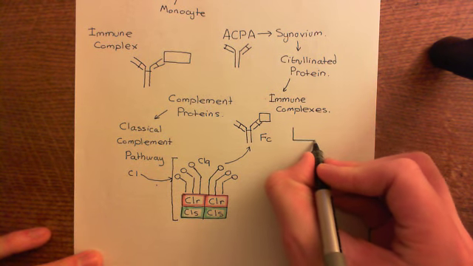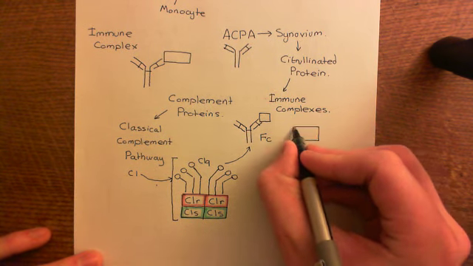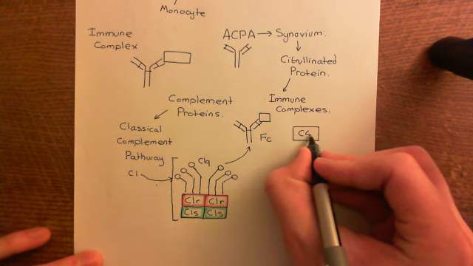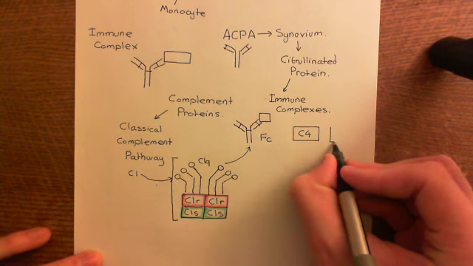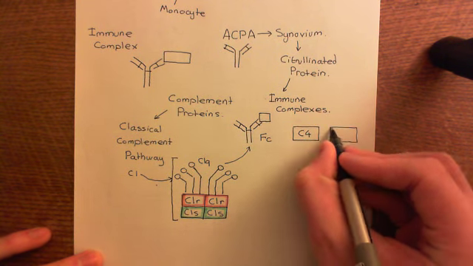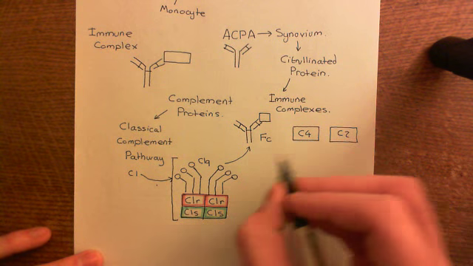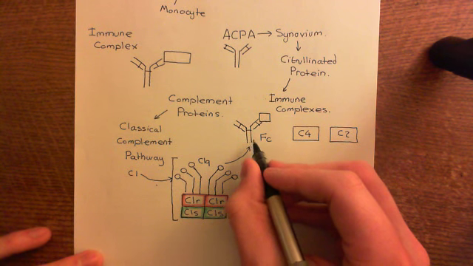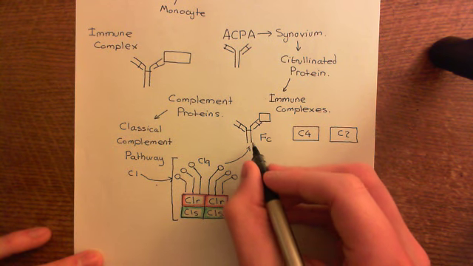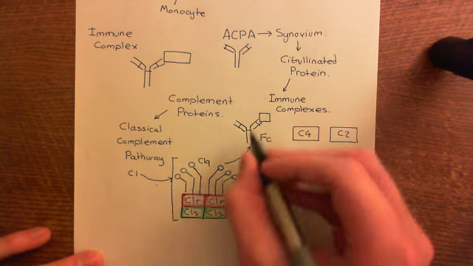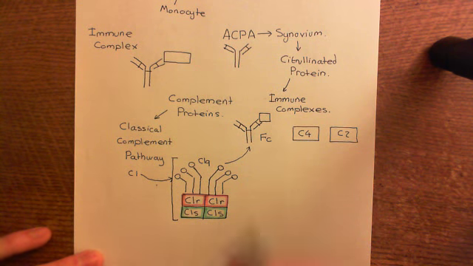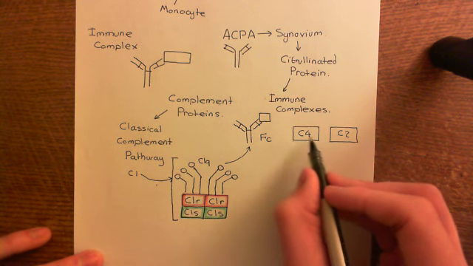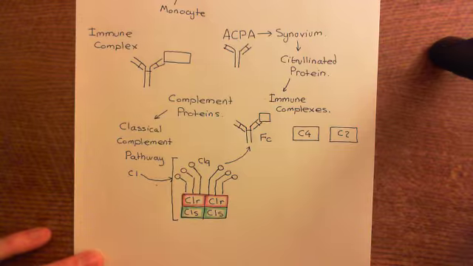So let's have these 2 other complement proteins here. Here is complement protein 4, and here is complement protein 2. Once the C1 protein complex is bound to the Fc region of this antibody involved in the immune complex, it will be activated to start breaking down these complement proteins.